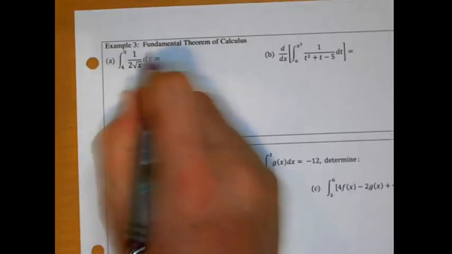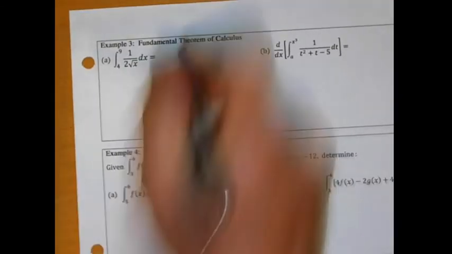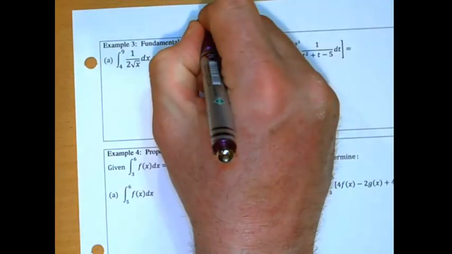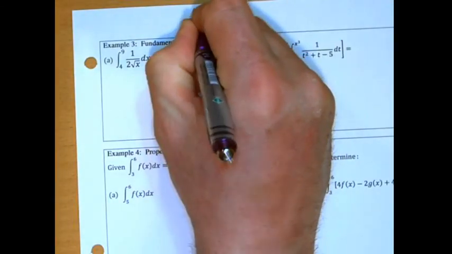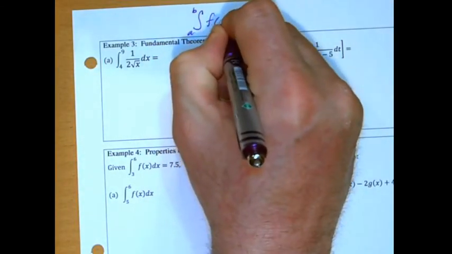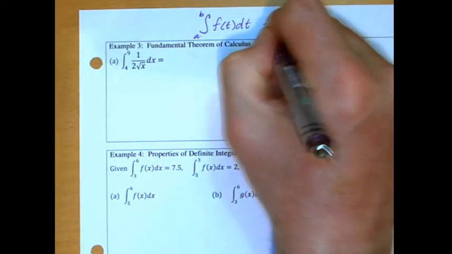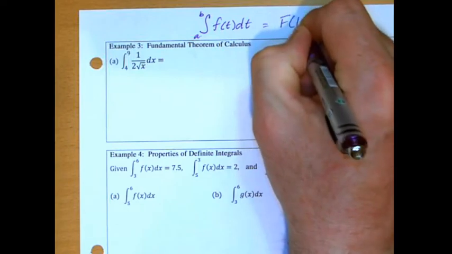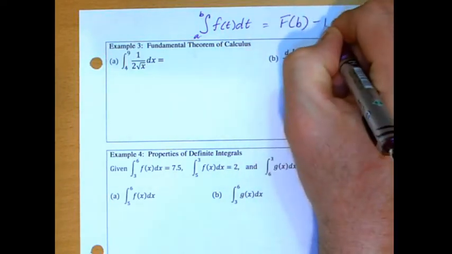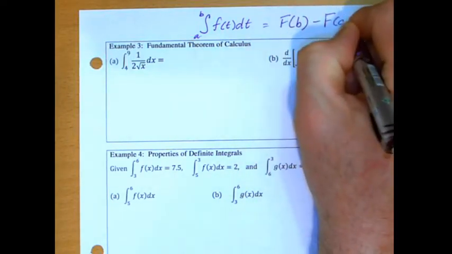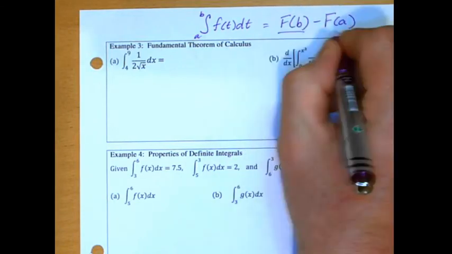So the fundamental theorem of calculus states that if you have an integral from a to b of f of t dt, that is going to be big F of b minus big F of a. So it's the antiderivative of those, and we get those values.